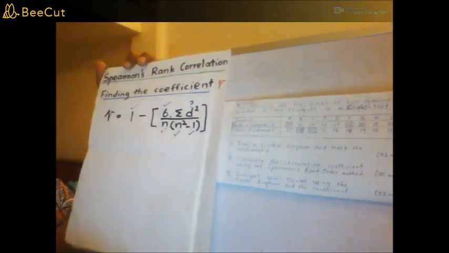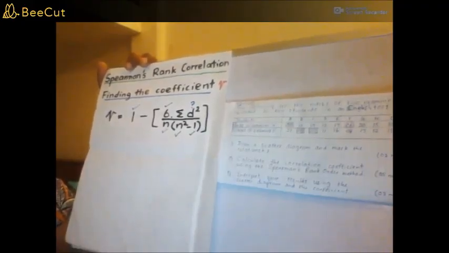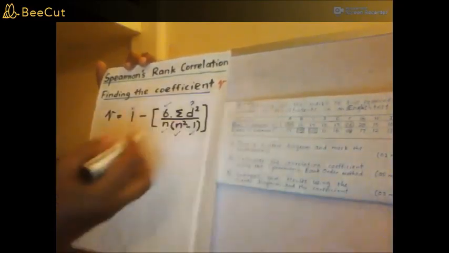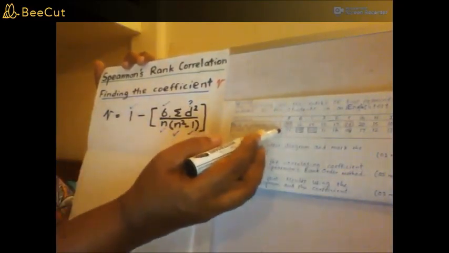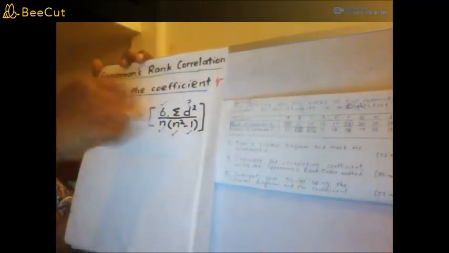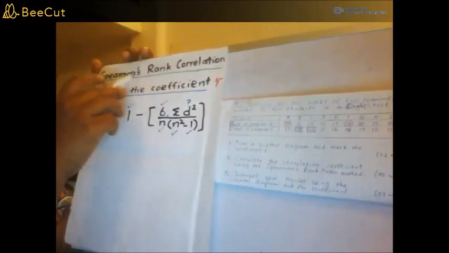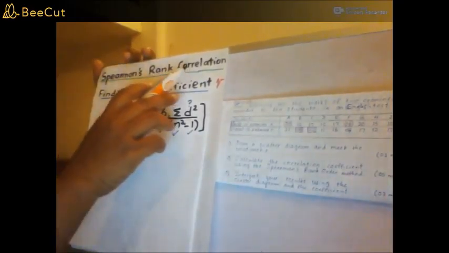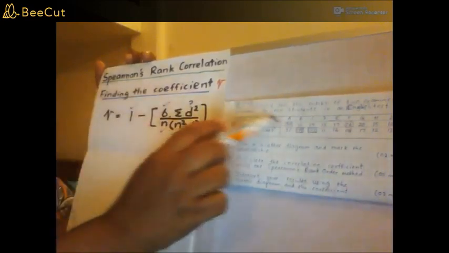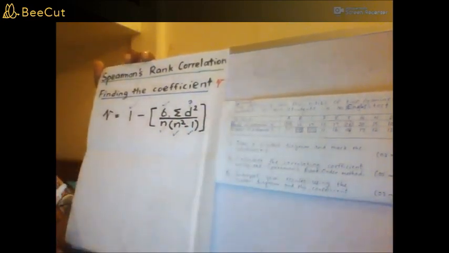Here d means the difference between the ranks of X marks and the rank of Y marks. The name of this method is Spearman's rank correlation, so we are dealing with ranks here. We have to rank all these marks, then find the difference.